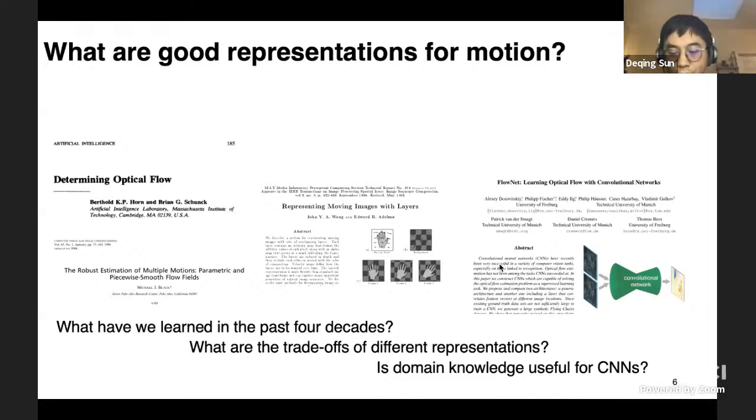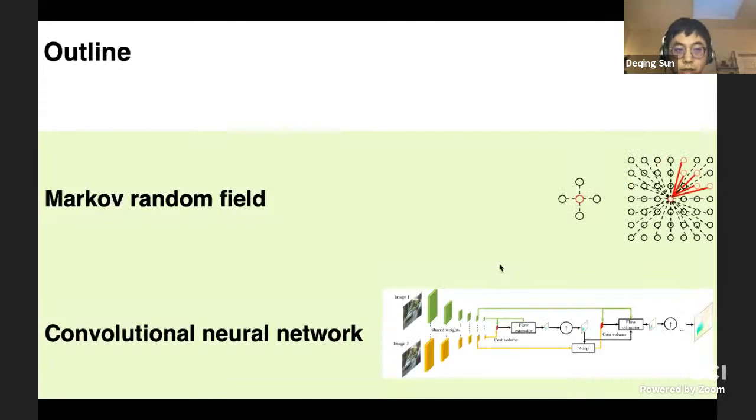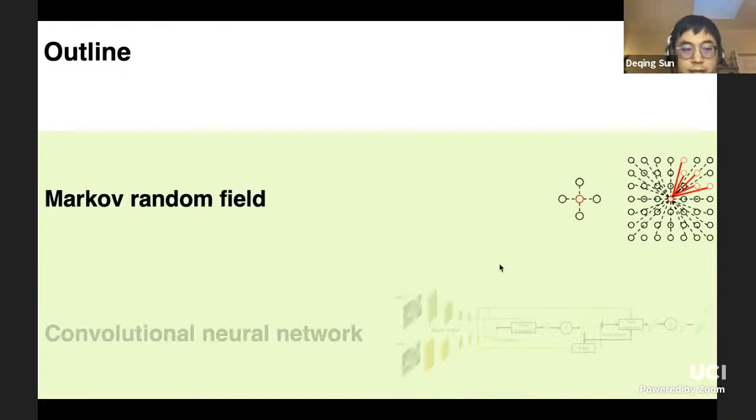In this talk, I will discuss these questions using my work in 2 directions. The first is the Markov random field, that's before deep learning. And then next will be the neural network-based approach. First, let's look at the Markov random field approach, and I will also introduce some background on optical flow.